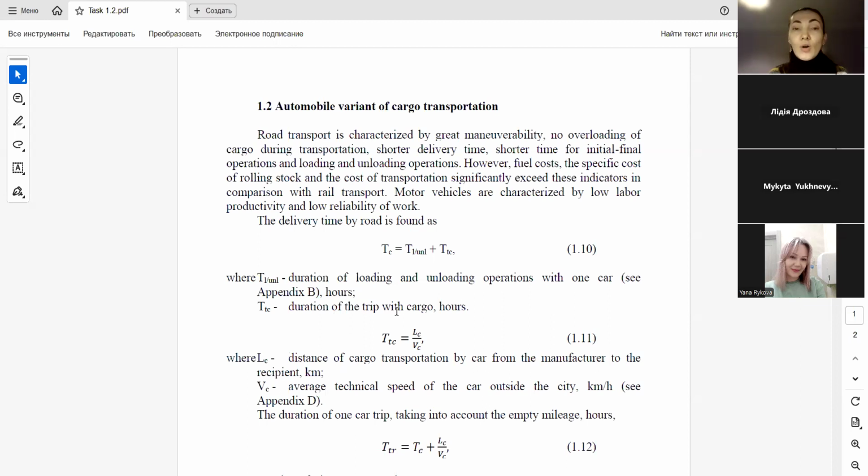It is the duration of the trip with cargo in hours. We will find this time in hours, equal to, and in our numerator we write L with index C. It is the distance of cargo transportation by car from the manufacturer to the recipient. It is the whole distance of delivery in kilometers.